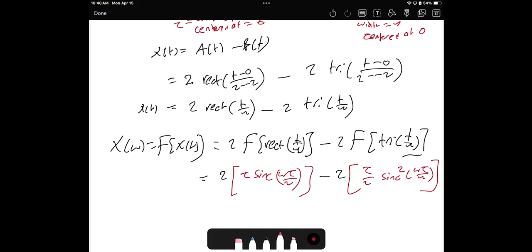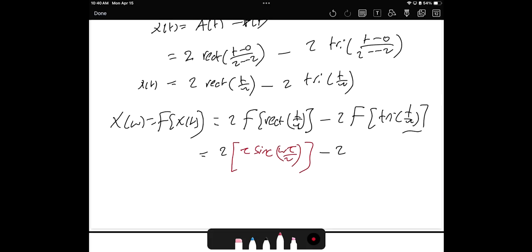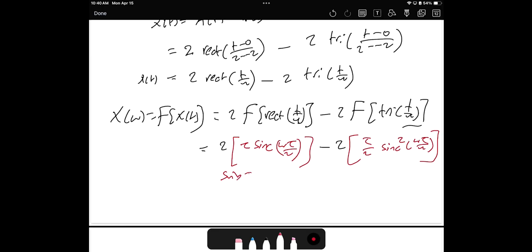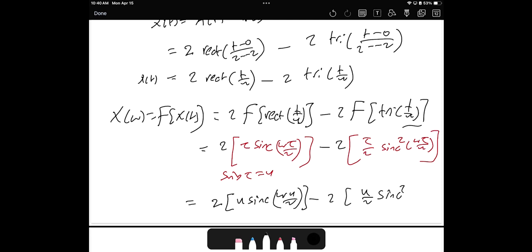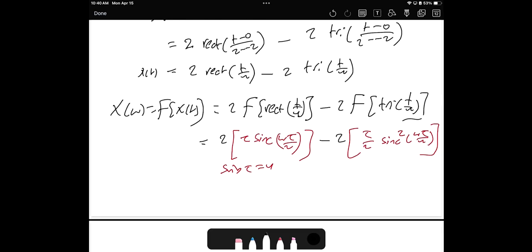Okay? Then substitute tau equal to 4, because that's what we have. This yields 2 times 4 sinc of omega times 4 over 2, minus 2 times tau over 2, which is 4 over 2, sinc squared of omega times 4 over 4. Then let's simplify it more.